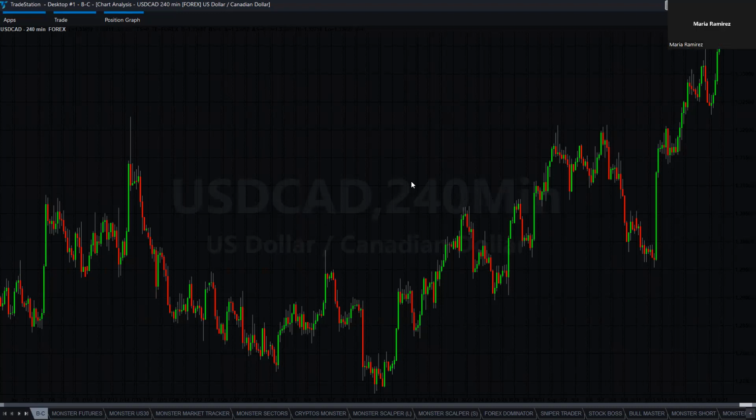The market going up and down. The market going up and down, exactly. Very good. What else? The US dollar compared to the Canadian dollar. Good job. You noticed that?